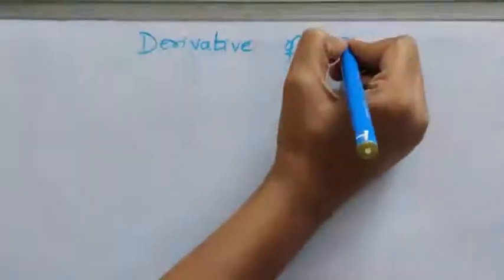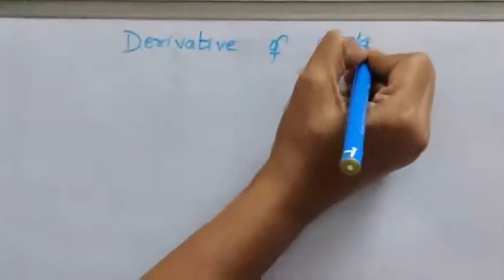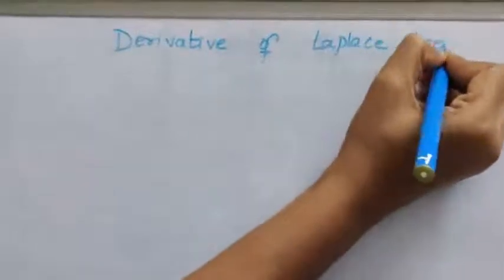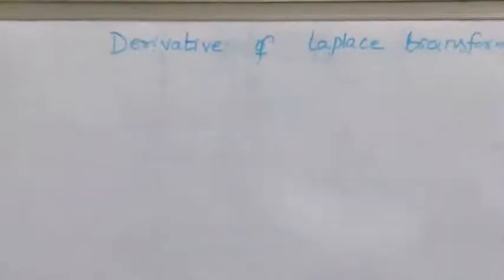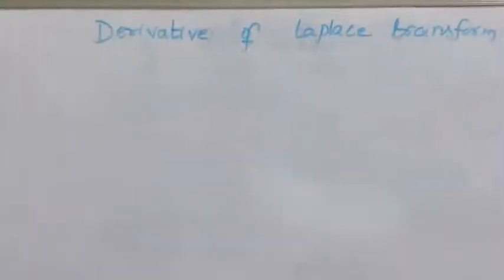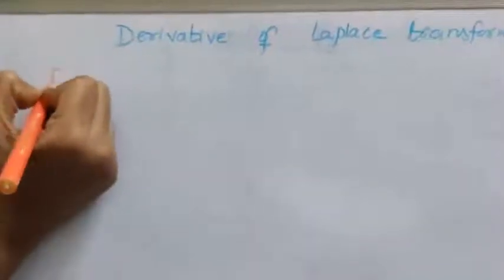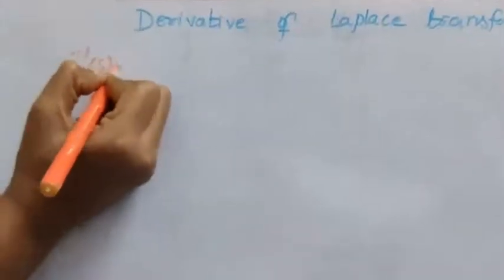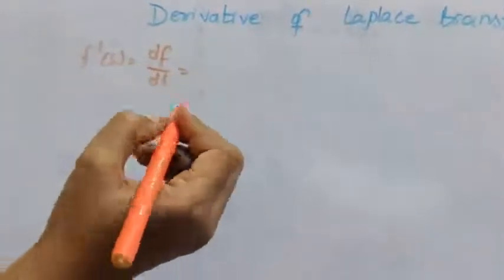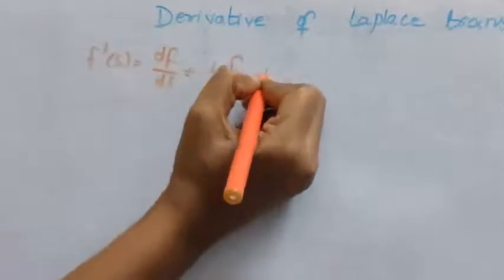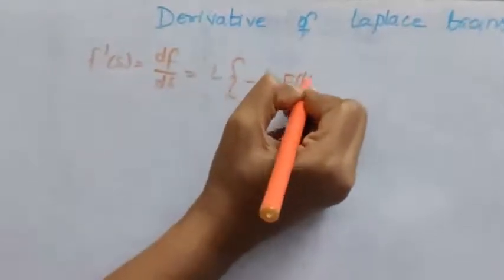Derivative of Laplace transform. In the derivative of Laplace transform, we have to prove f dash of s, or df by ds, is equal to L of minus t into f of t.